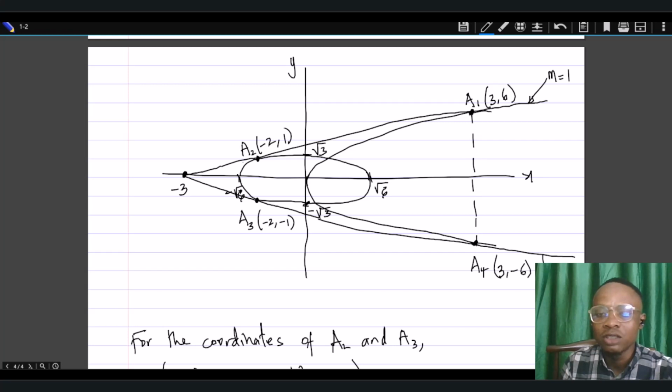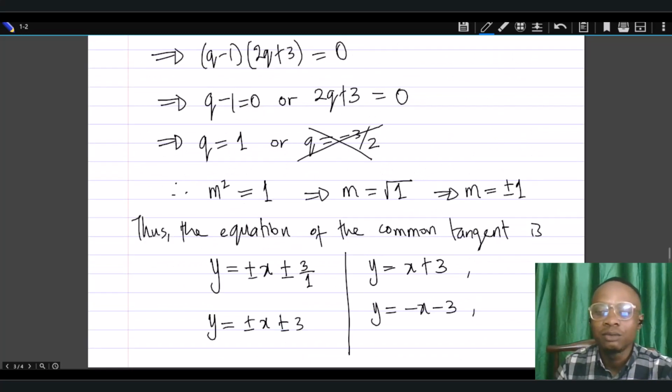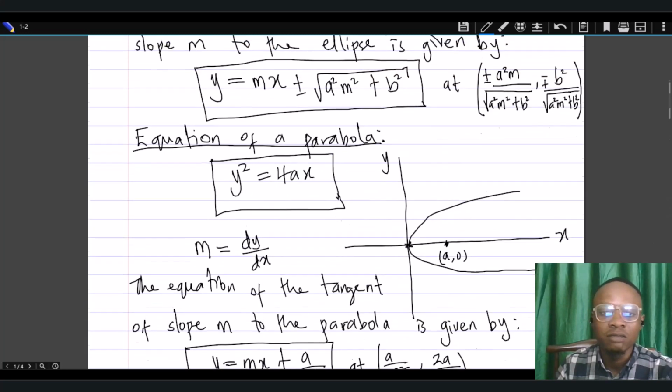If we draw this line, it will be a vertical line, x equal to 3. The coordinate here is y equal to minus 6, and here y equal to 6. We have the coordinates of all the points, and we can now answer the question that follows.